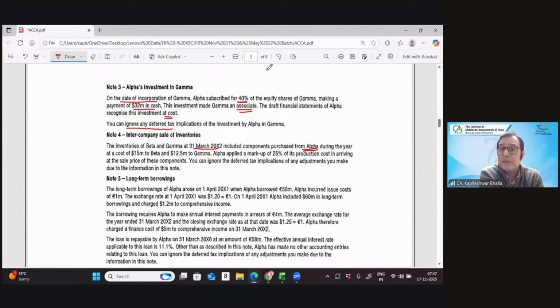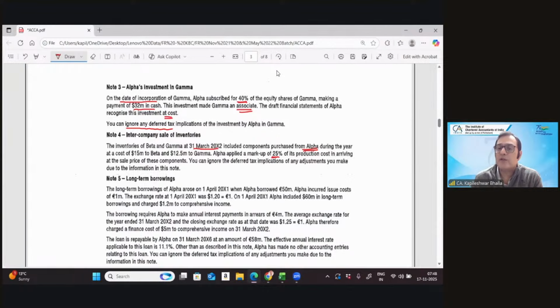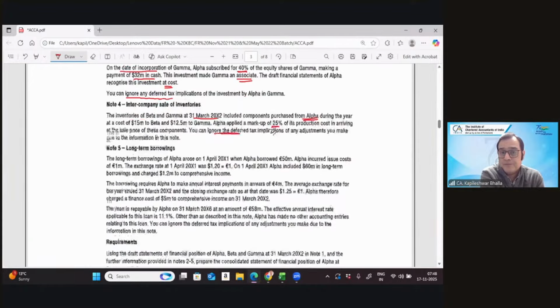The sale is made by Alpha to Beta and Gamma, and that's right, it becomes a downstream transaction in nature. Wow. Then he says Alpha applied a markup of 25% on the production cost in arriving at the sale value of these components. So that means we are given the profit margin to calculate the stock reserve. You can again ignore the deferred tax implications of any adjustments you make due to this information.